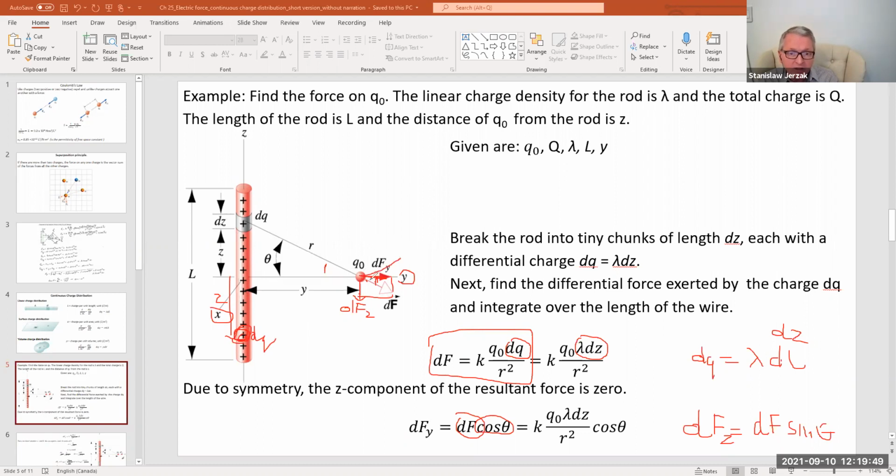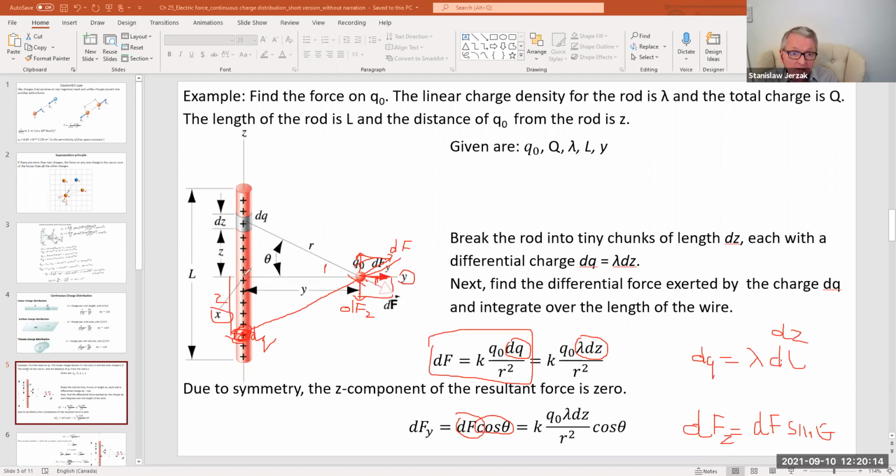In this direction, more or less. And this df is the force due to this element here on that side of the rod, right? Because this would be the distance between these two charges. And the z component of that force would be up, as you see. And the z components will cancel.